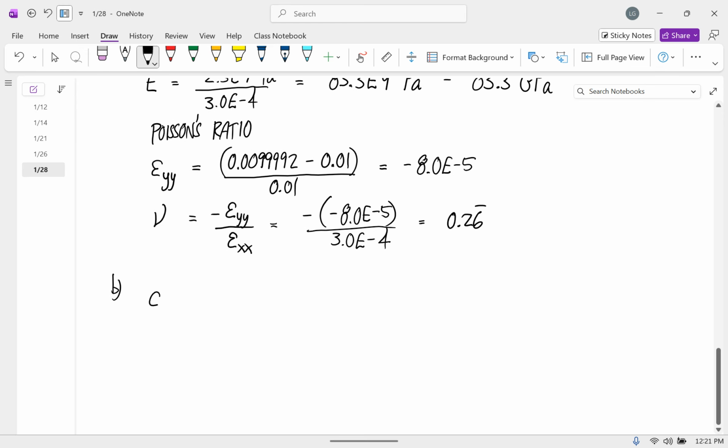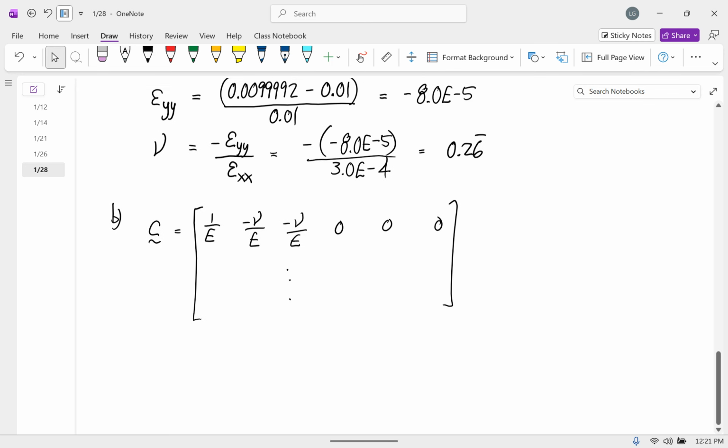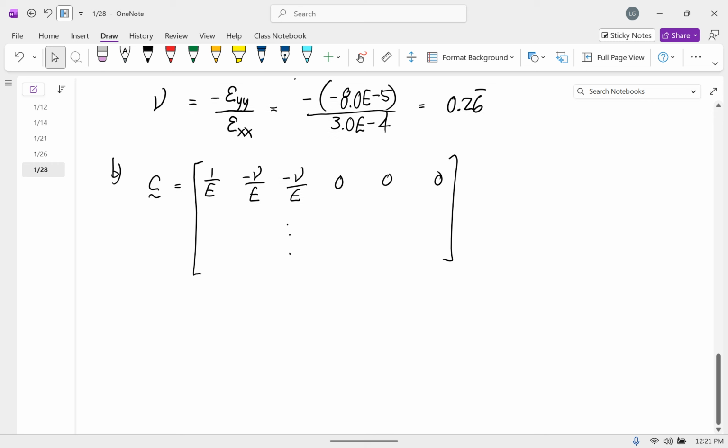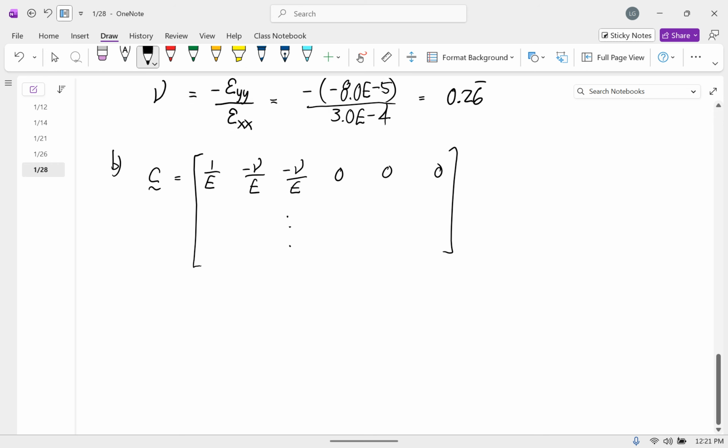So the compliance matrix is the thing that says, I'm not going to write this all out, but 1 over E, negative nu over E, negative nu over E, 0, 0, 0, goes all the way down at 6 by 6. And so, well, there are only 3 element values in this whole matrix.